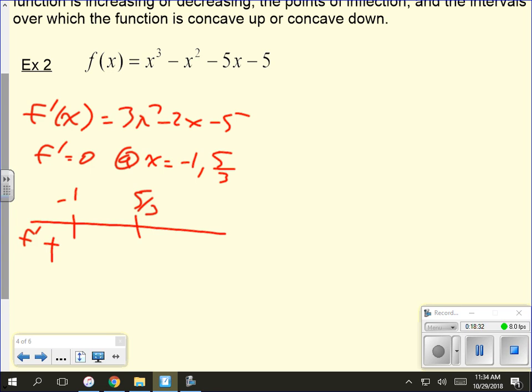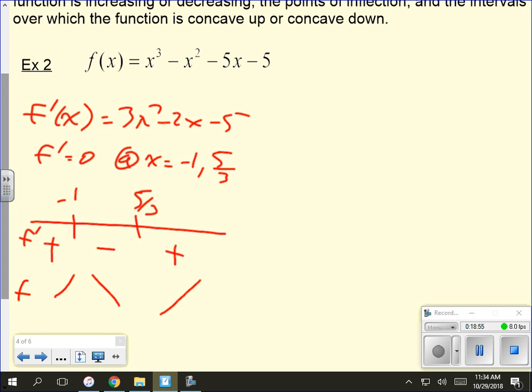Put in 0 in the derivative, I get a negative. Plug a number larger than 5/3 in there, 100. Take 100 and square it times 3. That's much bigger than the rest of it. It's positive, which means that f is increasing, decreasing, increasing, max, min.